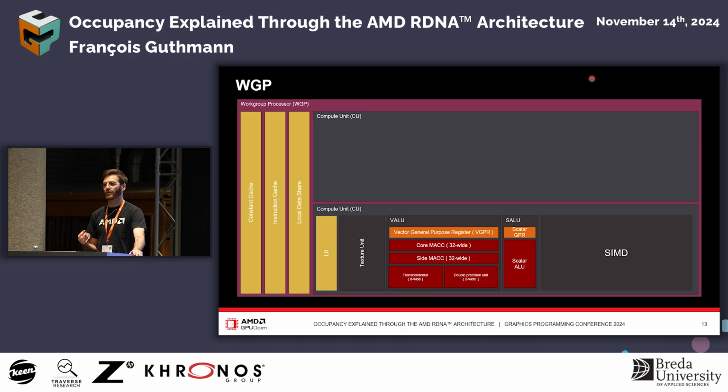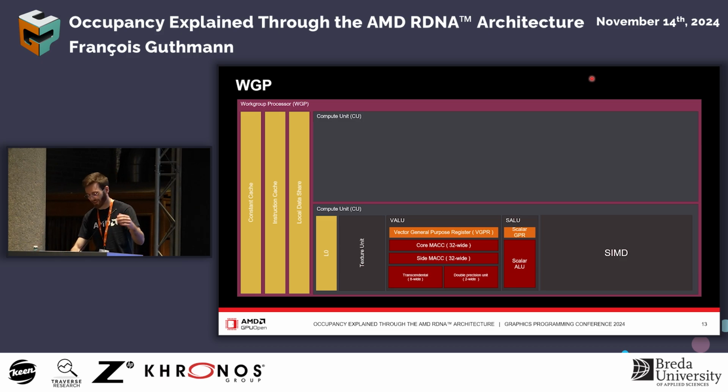The L0 that sits at the very bottom of the GPU, the whole hierarchy goes through L0, L1, L2, MALL, and finally memory. So if you're trying to fetch data from memory, it is possible that it will take a while to come back. And finally, we mentioned that there is something called the SPI, once per shader engine, and that thing is not replicated that many times, and it's the thing that launches wavefronts.